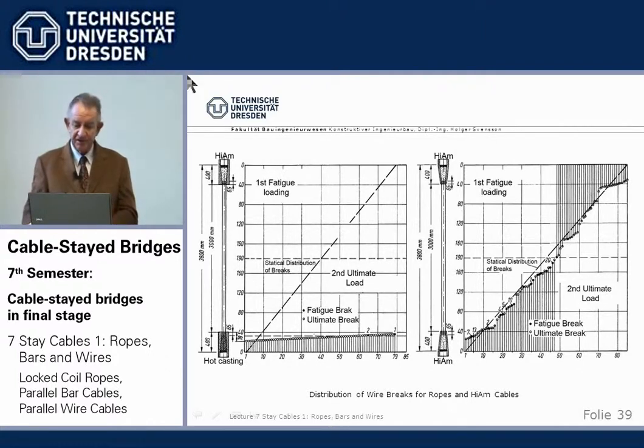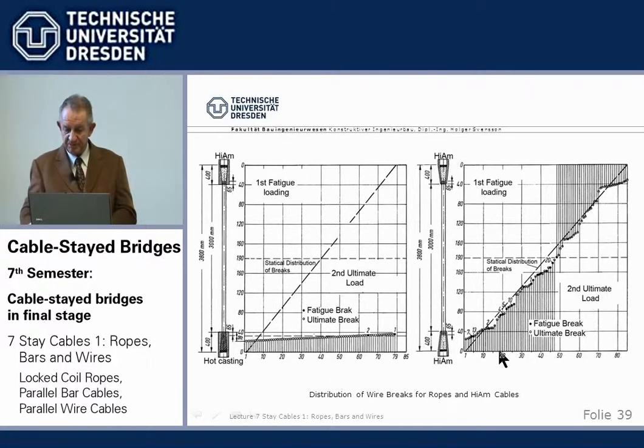And the interesting thing, as shown here, is all the wire breaks for the hot Zamac filling take place at the exit of the anchor head. That's where the hot casting changes the structure of the steel.